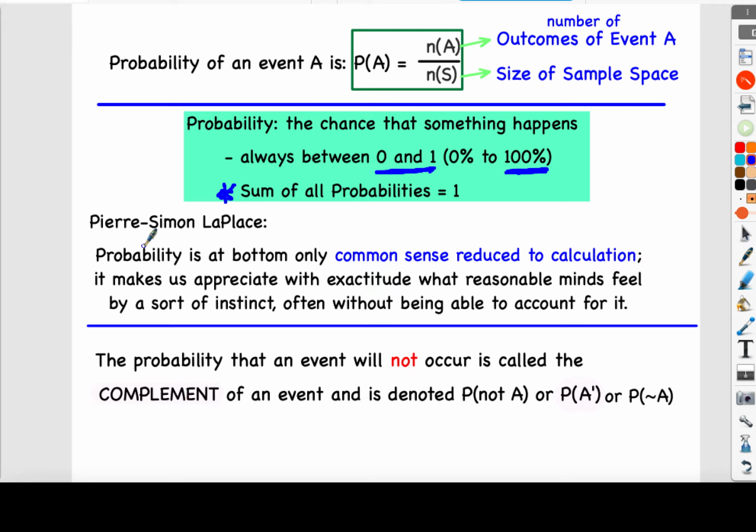Pierre-Simon Laplace put it really well: probability is, at bottom, just common sense reduced to calculation. It makes sense if you really think about it. It's appreciating with exactitude, giving a quantity for reasonable minds, what the reasonable mind would experience by a sort of instinct, oftentimes without being able to account for it.